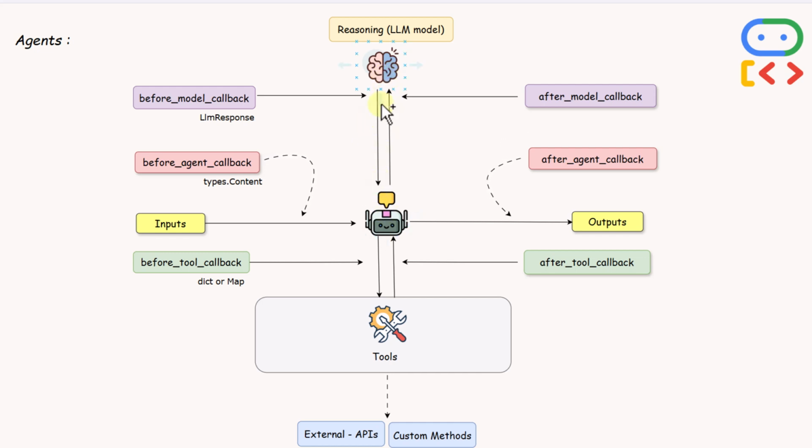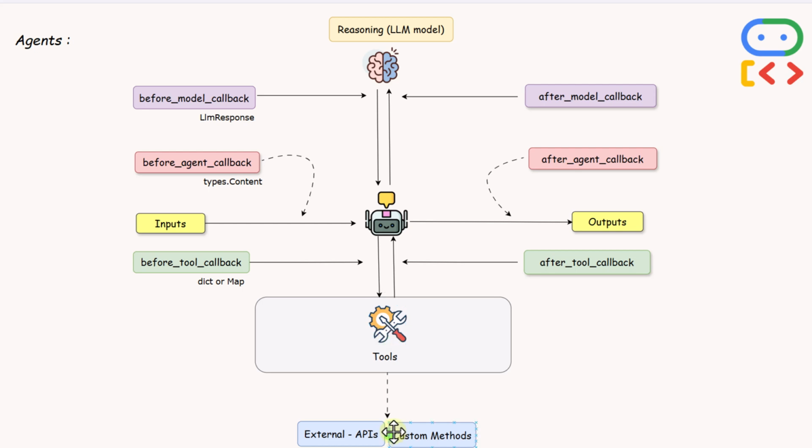When any request is going to get passed to the LLM model, you can plug in the Before Model Callback and it can intercept that input. Similarly, when the LLM response is generated from the model, you can intercept it using the After Model Callback.